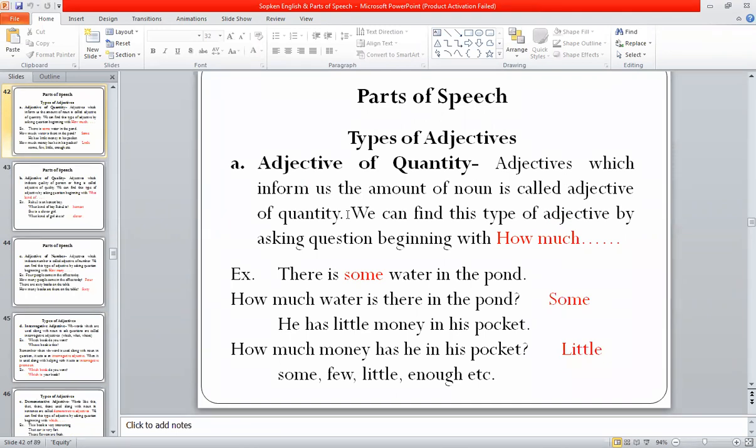How much amount of a noun is there, that is informed by these adjectives.